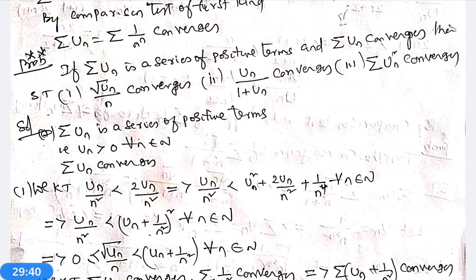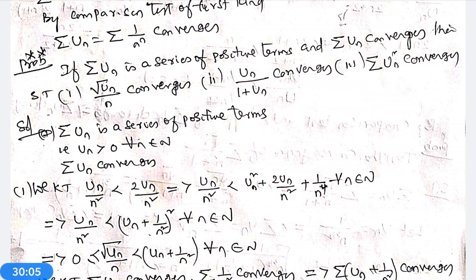Solution. Sigma un is a series of positive terms, that is un greater than 0 for all small n belongs to capital N, and sigma un converges.